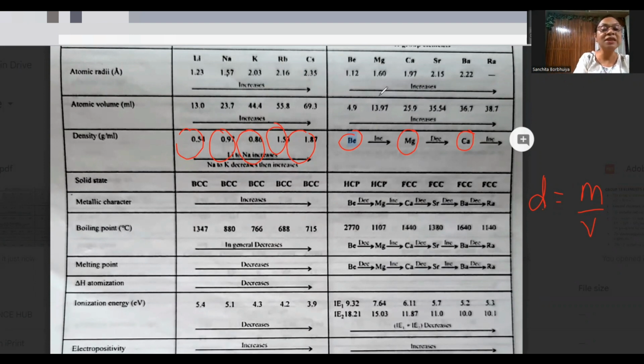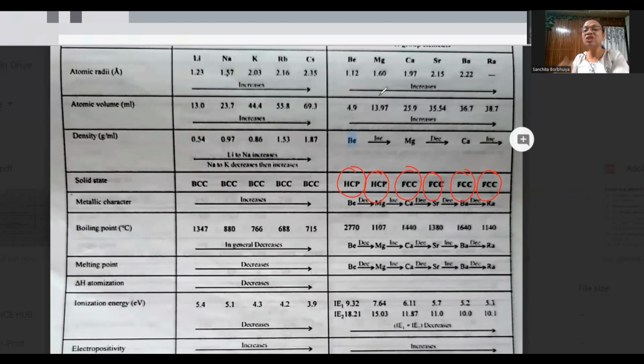Let's go to the solid state. So if you see, from lithium to sodium to potassium to rubidium to cesium, we have a BCC structure, body-centered cubic lattice. But for group 2 elements, it varies from HCP to FCC, hexagonal close packed to face-centered cubic.